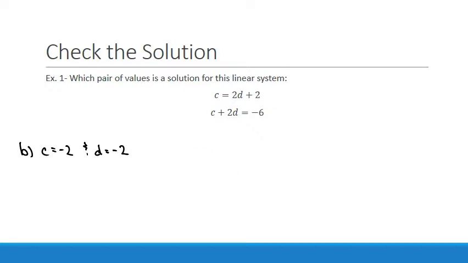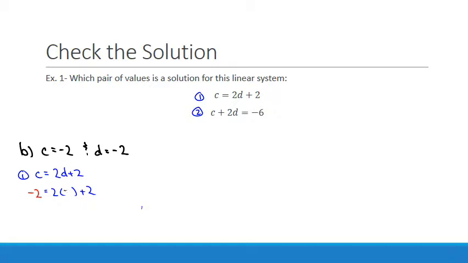Let's check B. So again, here's my first equation, second equation. I might as well stick with blue now. So my first equation, C equals 2D plus 2. That's going to remain the same. So now I'll flip to red to make another color. C is now negative 2 equals 2 times my D value plus 2.